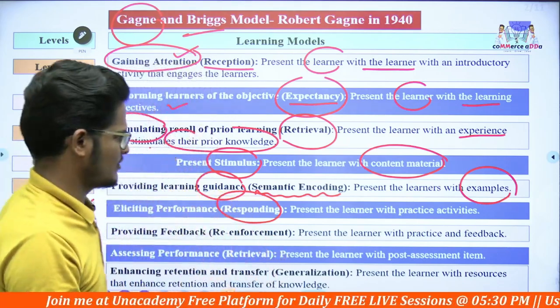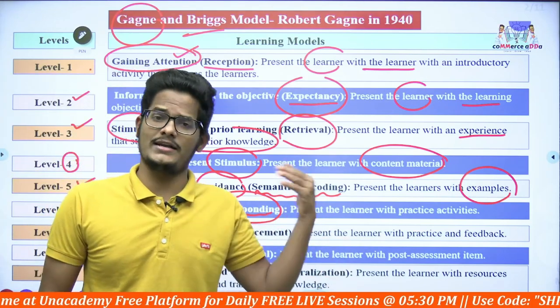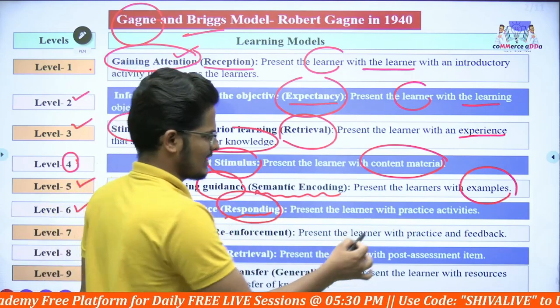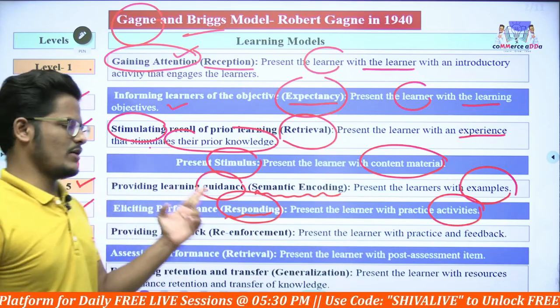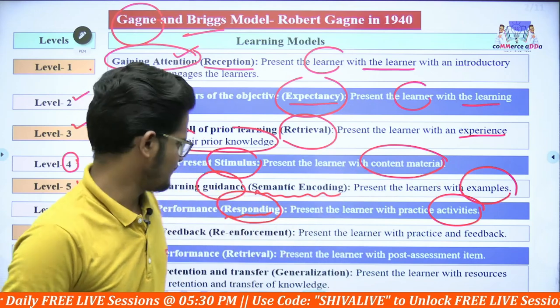Now with that I am asking the learner to do it. When he is in a position to do it, he has understood, because he is responding to the practical activity given by the teacher. So eliciting a performance means a response to the teaching or learning he has had.